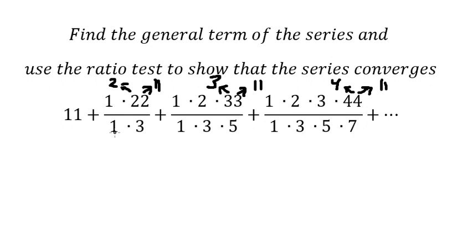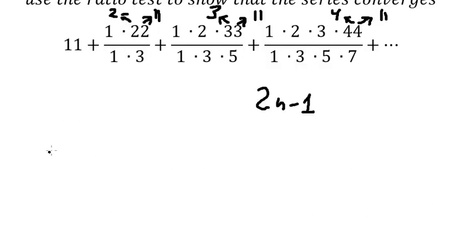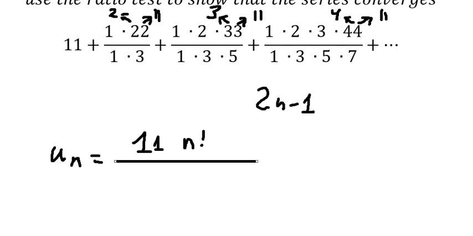So the next one, we see that this is about the odd numbers in here. That means that is 2n minus 1. And now we can find the general term in here. That should be 11 multiplied by n factorial over 1 multiplied by 3, 5, until 2n minus 1.